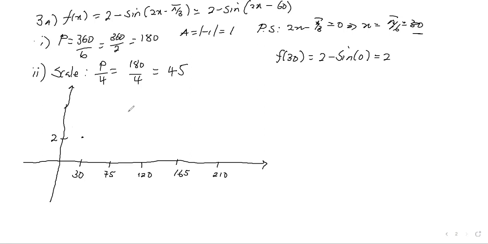Then we substitute the next value, 75. So we get 2 minus sine of (75 times 2 is 150, 150 minus 60 is 90). Sine 90 is 1, so we have 2 minus 1, which is equal to 1.